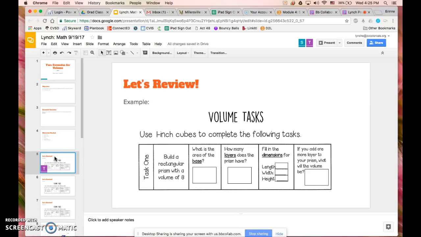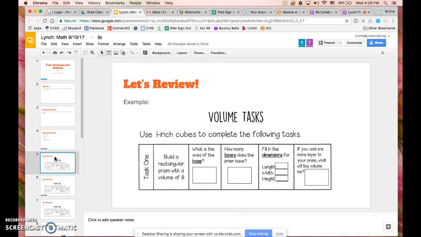So we're going to look at the first review slide, and this is your example slide, so nobody's going to be typing in this slide, but I'm going to give you a volume task, and in order to complete this task you're going to need your small centimeter cubes that we've been using the last few days. We've moved on from filling containers with beans and pattern blocks to using centimeter cubes because we didn't want any gaps or overlaps when filling the prisms.